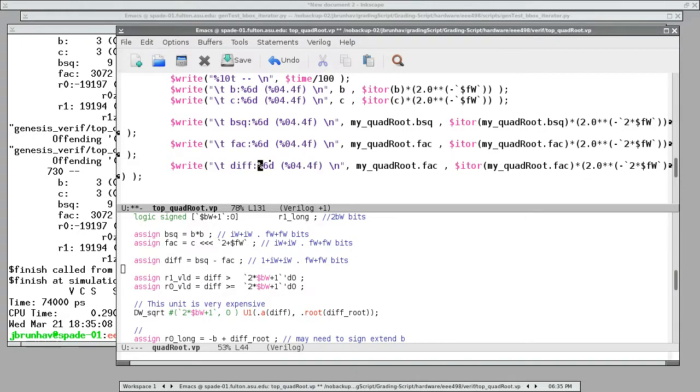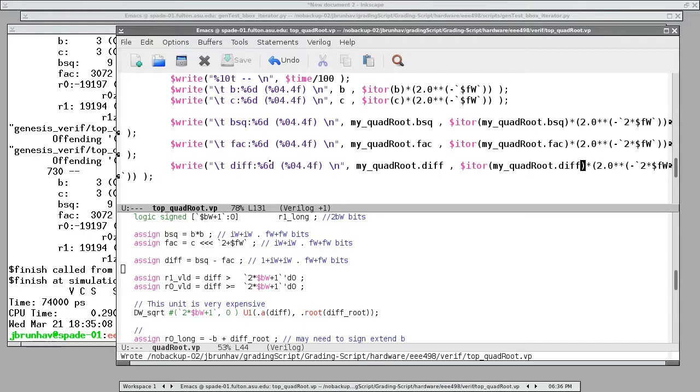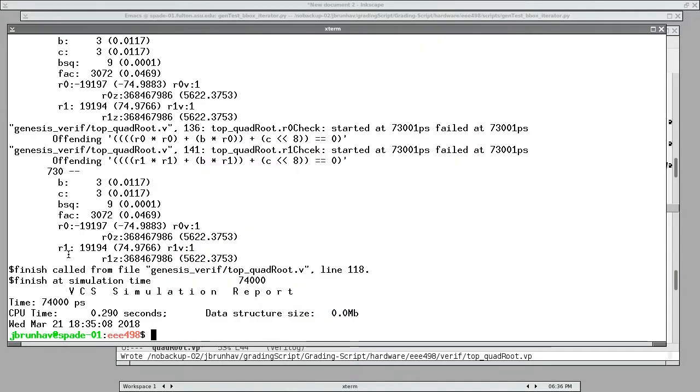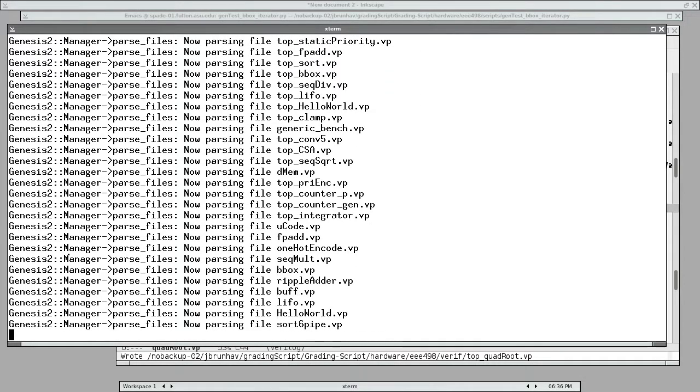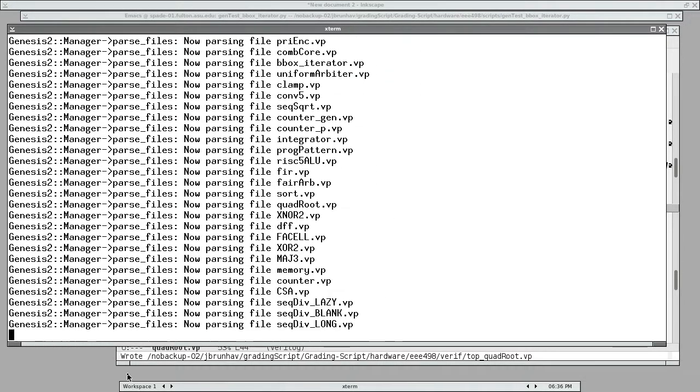So we'll write diff, and then this is DIFF. It is still in that format, so that's good.